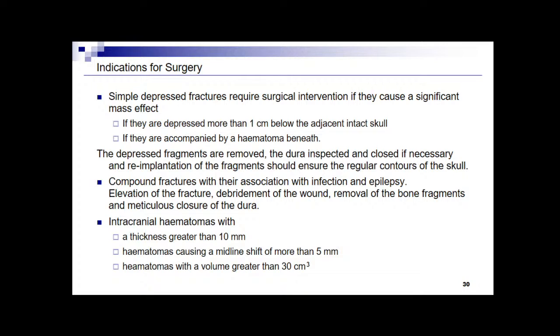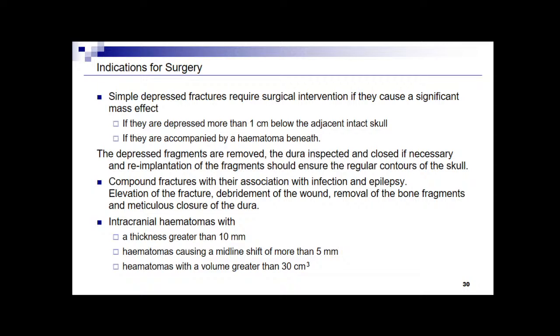If the fracture is compound, multiple fractures, associated with infection and epilepsy: elevation of the bone fragments, debridement of the wound, removal of the bone fragments and meticulous closure of the dura, and draining of the postoperative site.